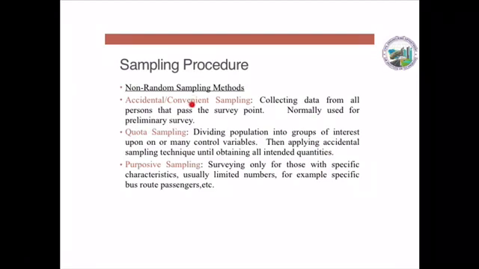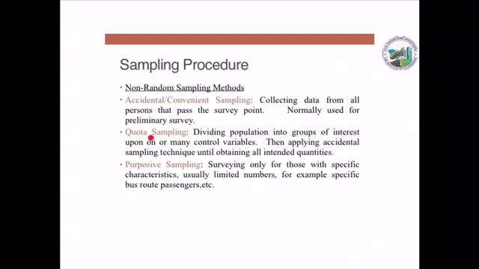So this is convenient sampling, to make our job simple. We randomly or accidentally take whoever passes in front of you, or whoever comes across your study point, you conduct the interview and take the information.